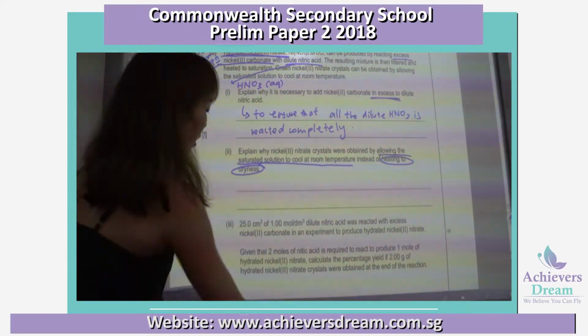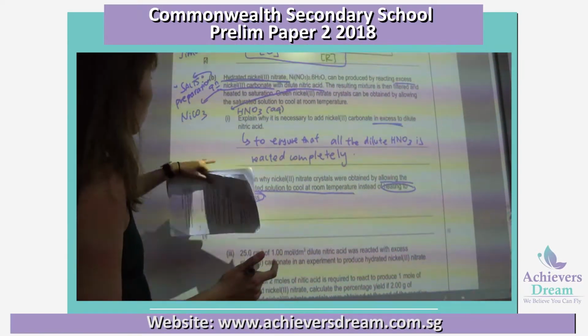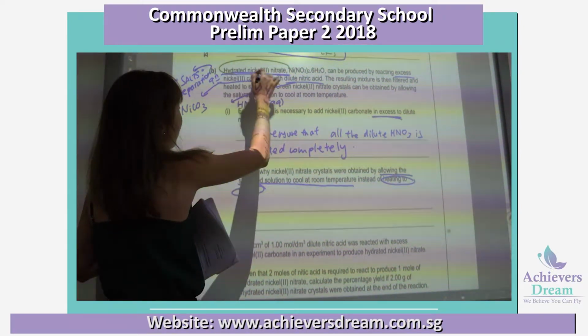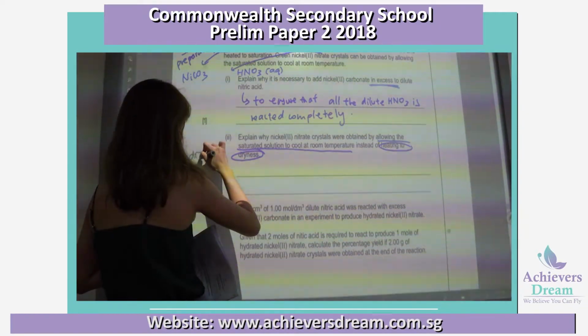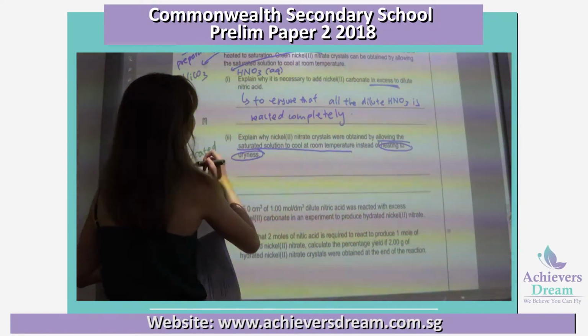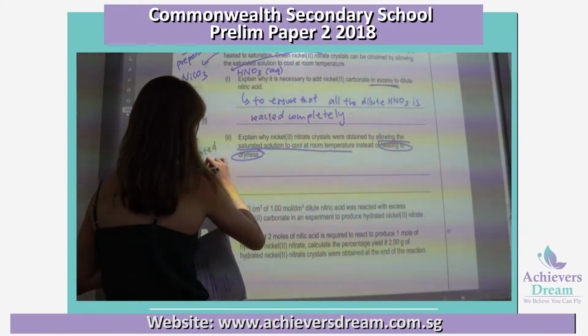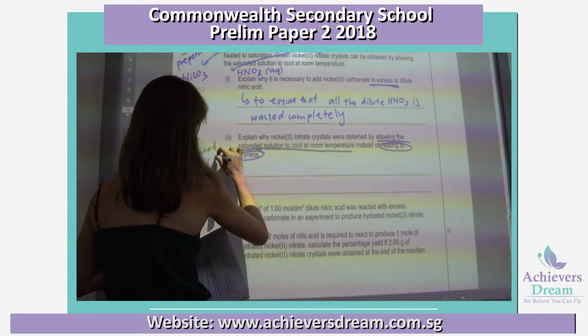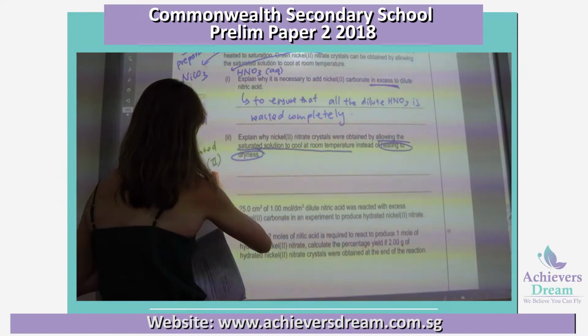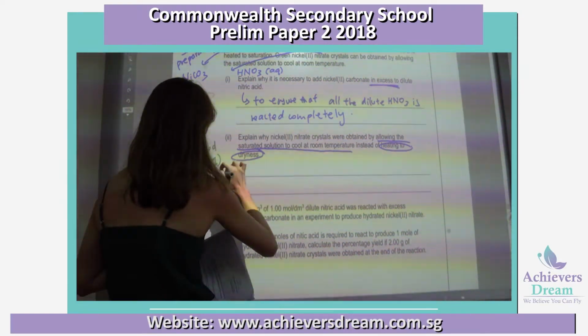Okay, this one, look at what I'm trying to obtain. I want to obtain hydrated nickel 2 nitrate crystals, correct?